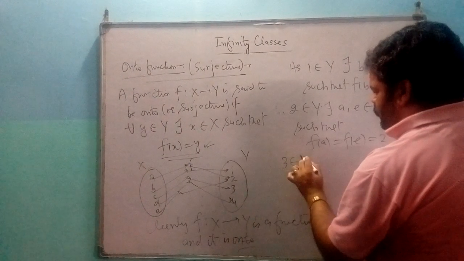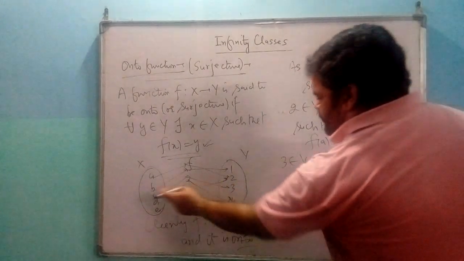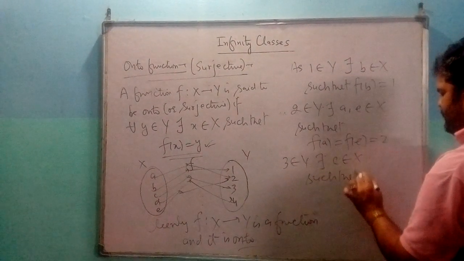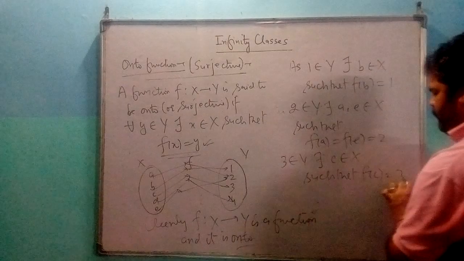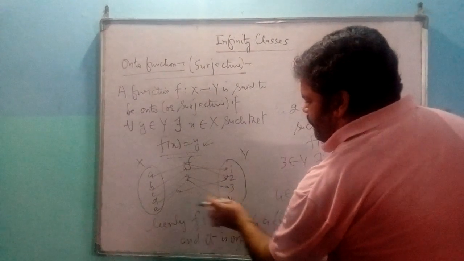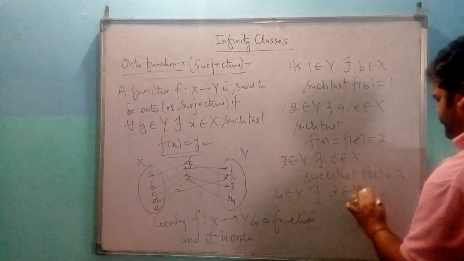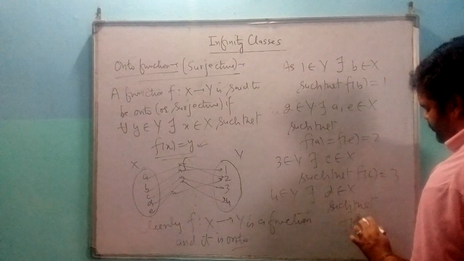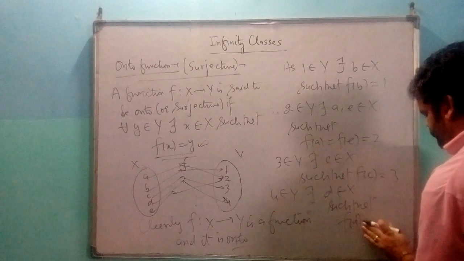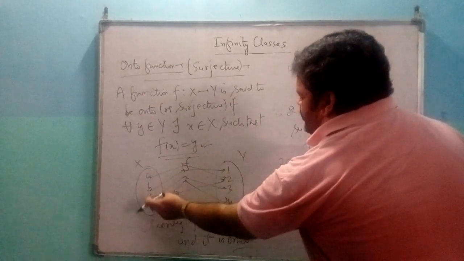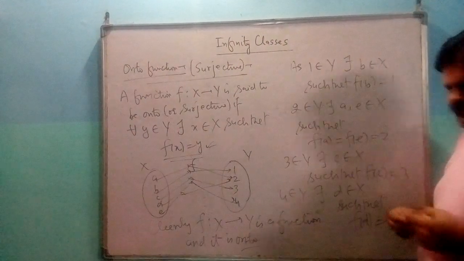Similarly, for 3 belongs to y, there exists c such that f of c is 3. And 4 belongs to y, there exists d belongs to x such that f of d is equal to 4. That means each element of y has a pre-image in x, one or more.